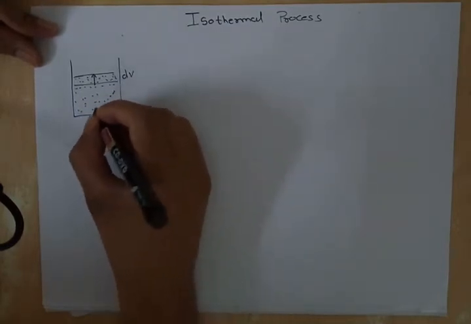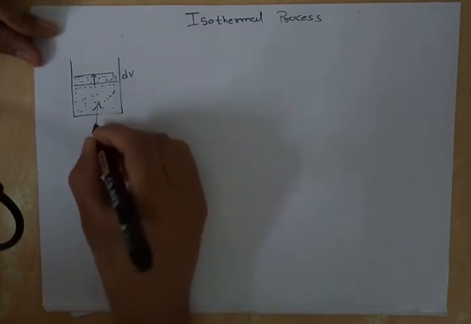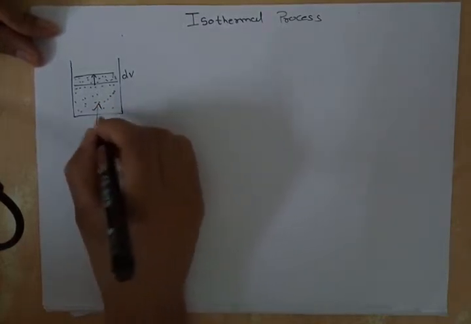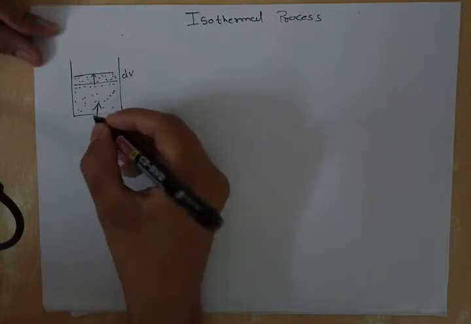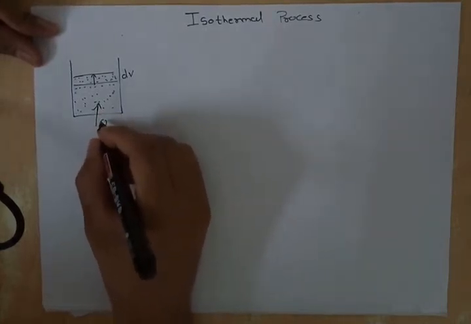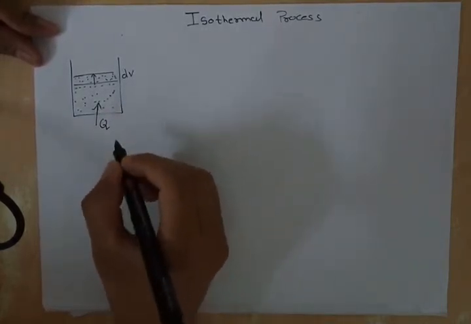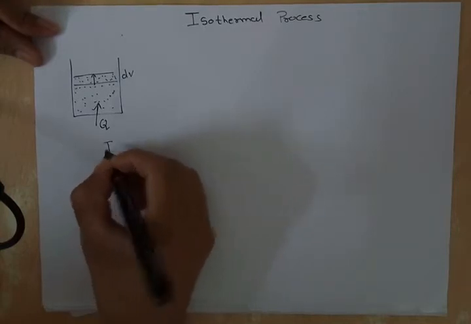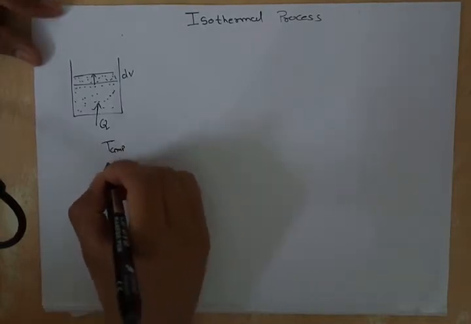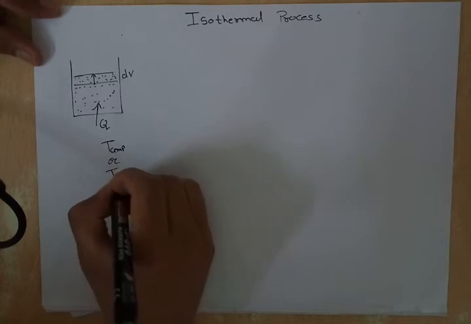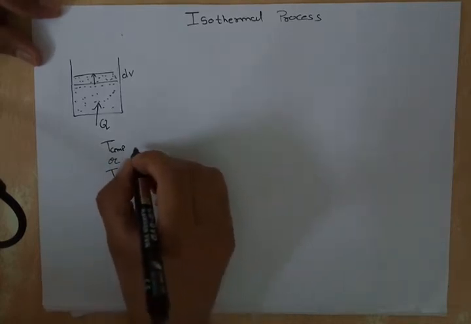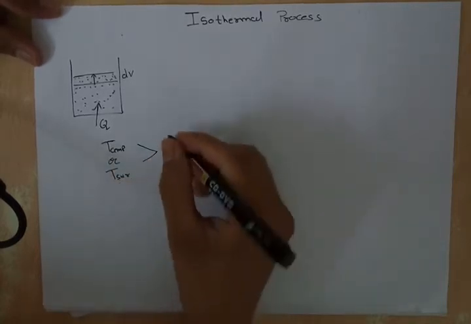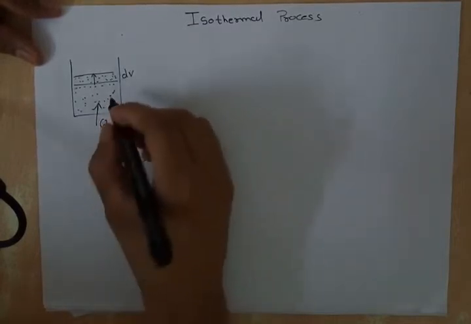However, we are allowing heat of the surrounding to enter into the system. So we are allowing this heat to enter the system, and let us assume that atmospheric temperature, or we can say surrounding temperature, is greater than temperature of system.